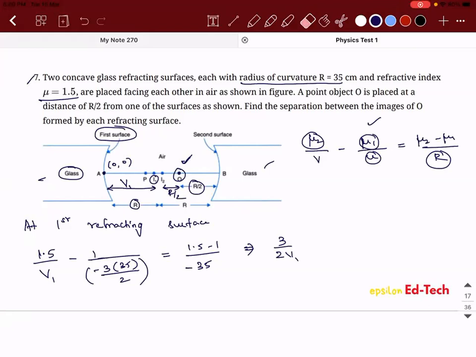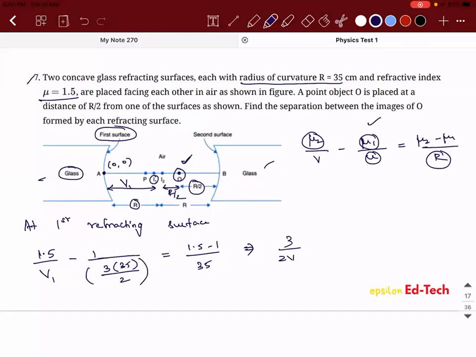I've taken this as the origin, right? Now, if you take this as origin, then we'll try to find out the value. This will be minus. According to your logic, both will be plus only. Now tell me what will be the value.